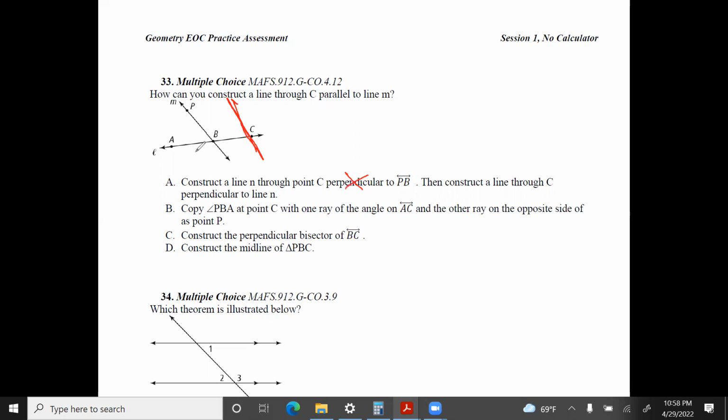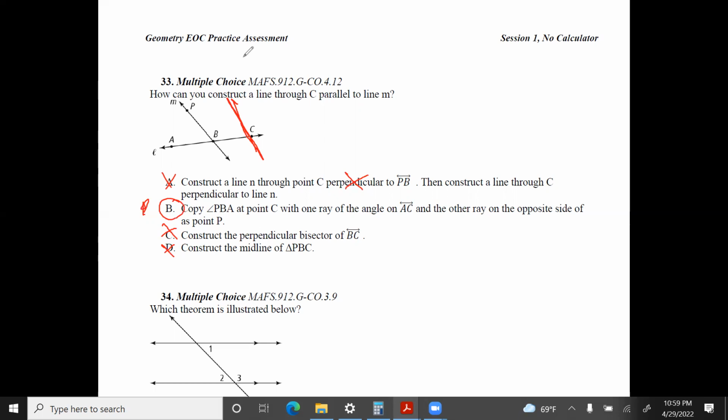Doesn't have to be perpendicular, that one's out. Copy angle PBA at point C with one ray of the angle on AC. That's sounding pretty good. We'll come back to it. Construct perpendicular bisector BC. That doesn't do us any good. And then D, construct the midline of the triangle. There's no triangle in that diagram, so that makes no sense. B is the correct answer.